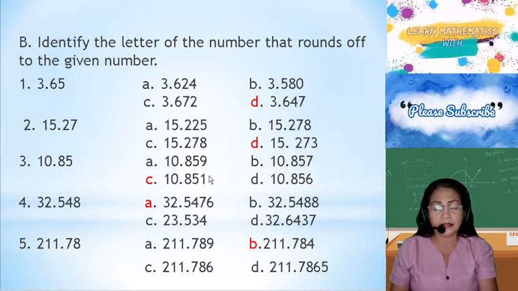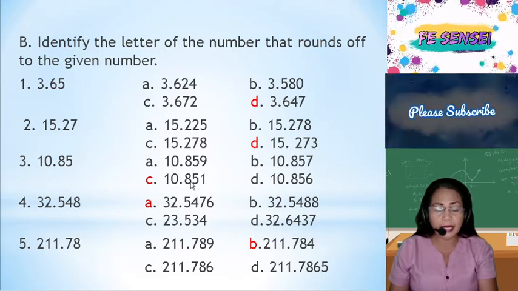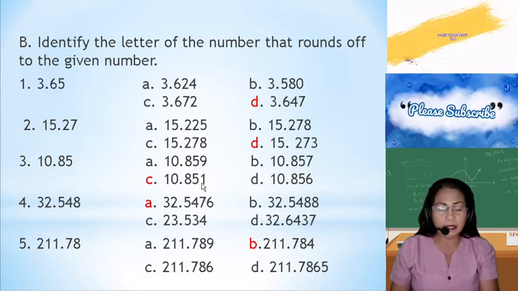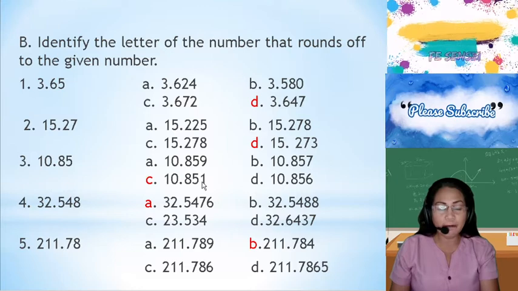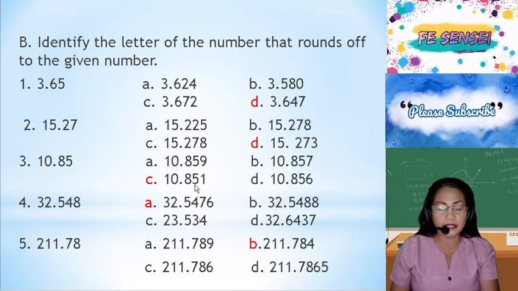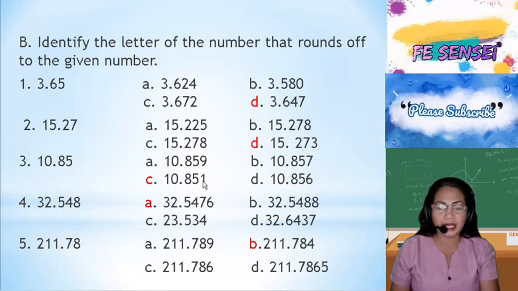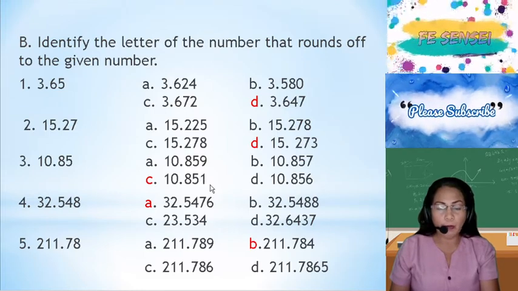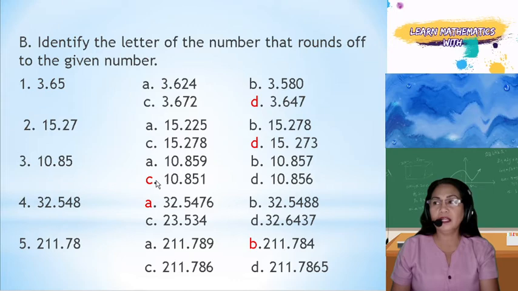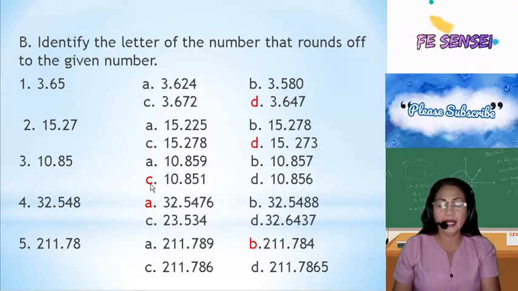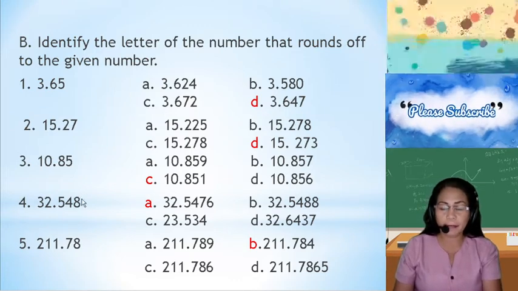So that's not the answer. For letter C, this is 5 and the number to the right is 1. If we're going to round off to the nearest hundredths, 1 is less than 5, therefore round down, drop 1 and retain 5. So our answer for number 3 is letter C.